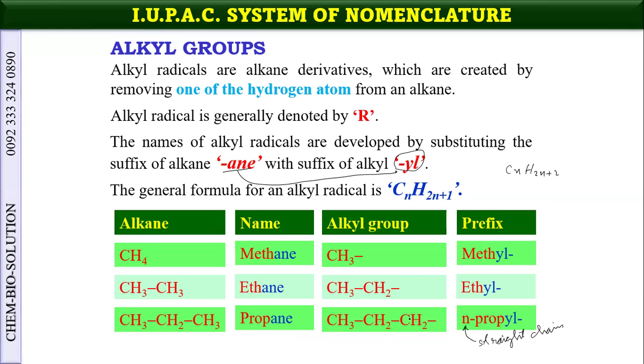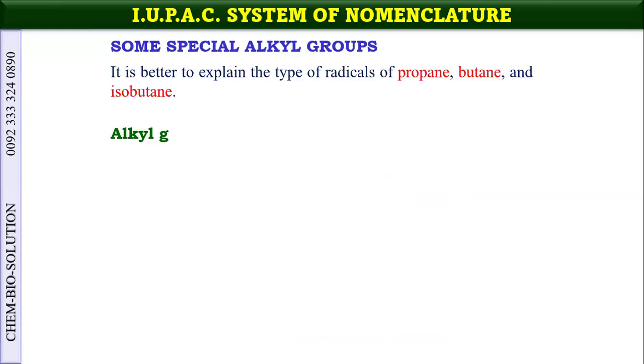And the terminal position. Now see in the next slide, then you will understand in a better way. It is better to explain the types of radicals of propane, butane, and isobutane. The term isobutane is usually not used in our syllabus, but you should remember these terms if you are studying organic chemistry. Now see, this is propane.